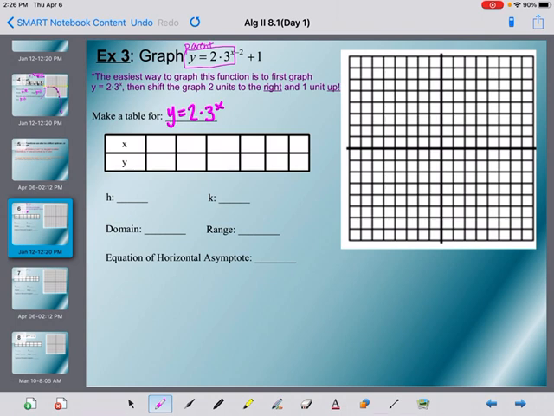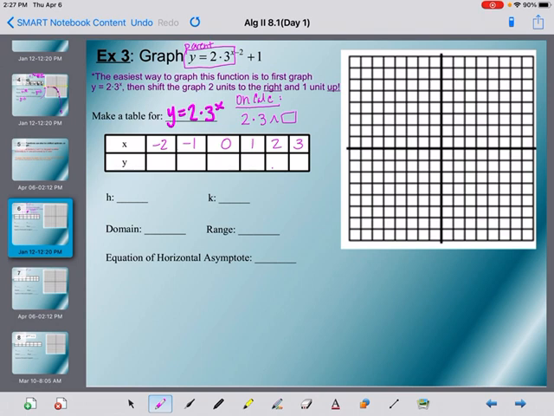I'm going to choose my same x values that I always do: negative 2, negative 1, 0, 1, 2. I'll throw in that 3. On my calculator, if I'm using a calculator to fill in my table, my y values are going to be 2 times 3 caret, and then whatever you're plugging in for your exponent will go there.